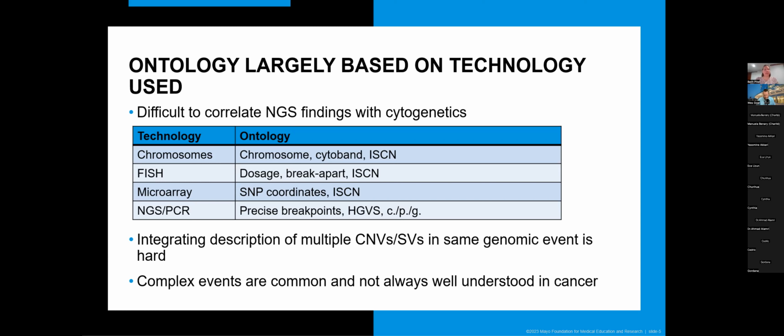And so integrating the description of multiple smaller events in the same genomic events is hard to do. And complex events are super common in cancer and not always understood. And even if one element is well understood, the elements that are part of that same event, those passenger elements, may not be well understood.